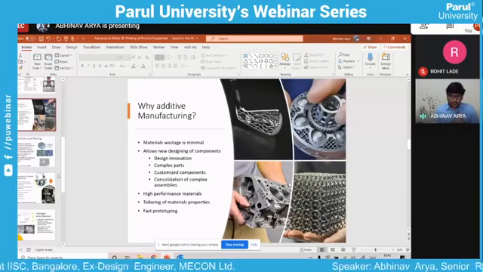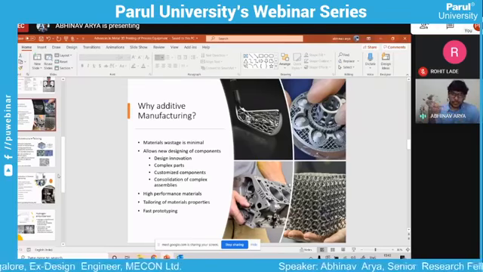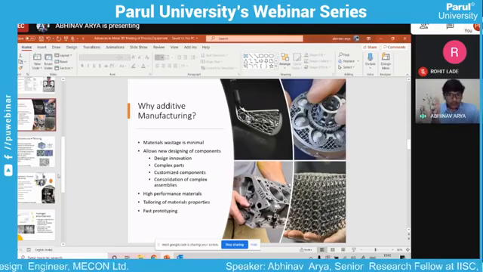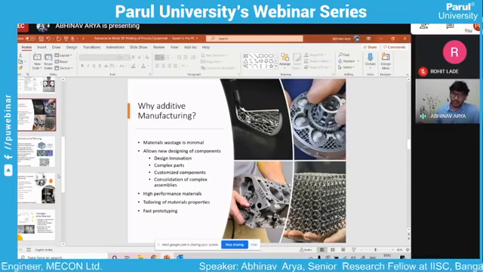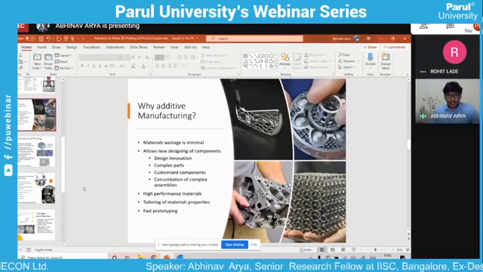If you go from a traditional route, it will easily take a few days to get a prototype, because of all the steps that I have already told are required in traditional manufacturing.